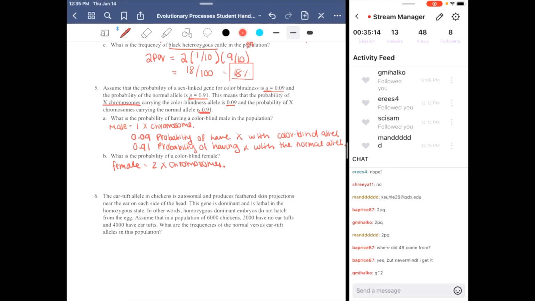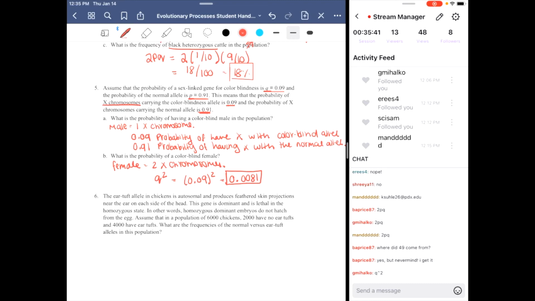So because of that, we would look at the q squared because it's a recessive trait and it needs to be homozygous in a female population. So because of that, we would take the q probability, which is 0.09, and we would square that to give us the probability of colorblindness in a female population.